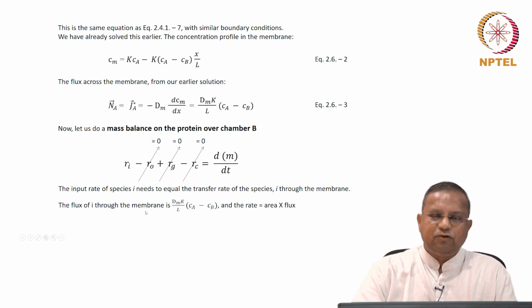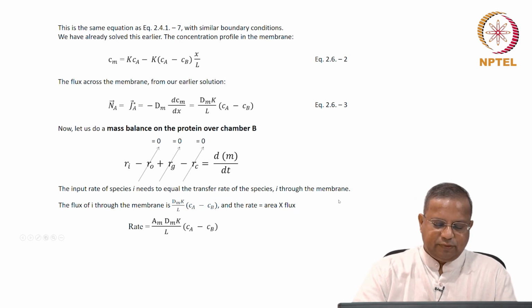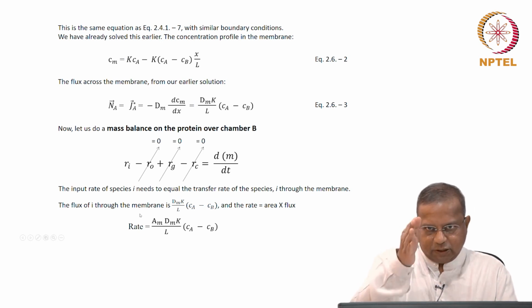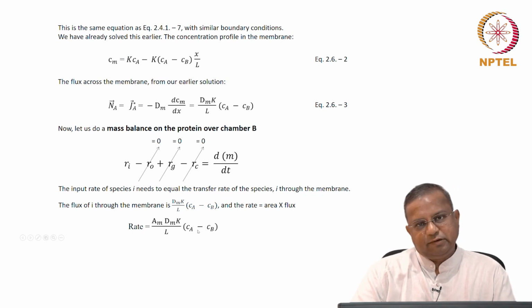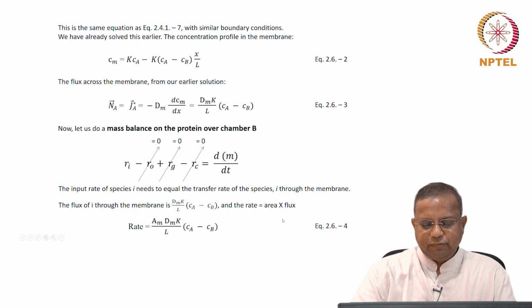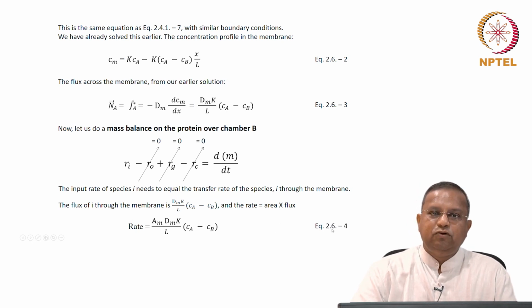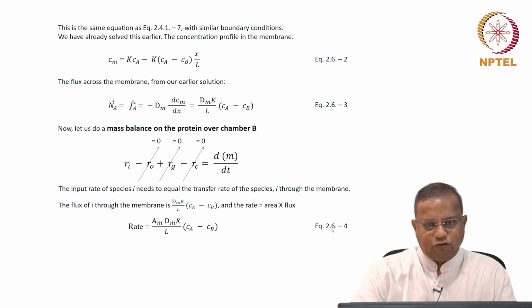The flux of I through the membrane we know is D_m K divided by L times (C_a minus C_b). We also know that the rate is area times flux, and we know the area. Therefore, rate is the cross sectional area of the membrane times the flux, A_m D_m K by L times (C_a minus C_b). We will call this equation 2.6-4.